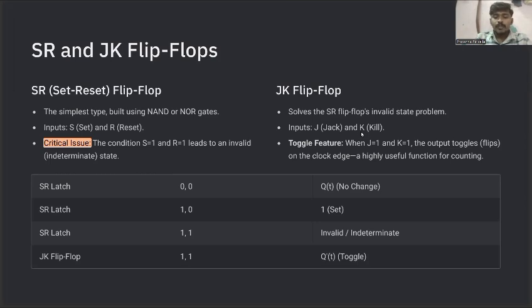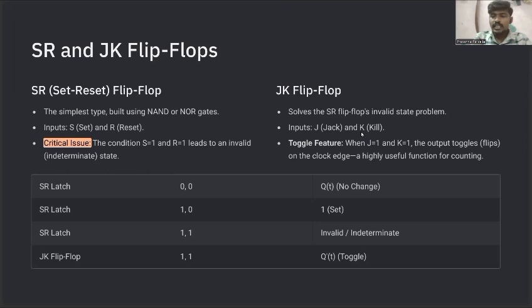So JK flip-flop. In the previous SR flip-flop, the race or invalid condition can be overcome by the JK flip-flop. To overcome SR flip-flop's invalid condition, we use JK flip-flops.